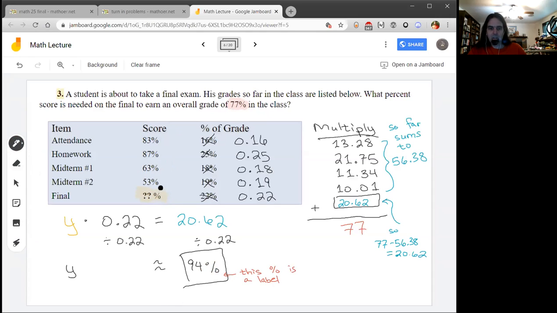In this case, it's 94%. So if you had this kind of traditional grading style where you got percents on different categories and each category had a different weight for your end of term grade, then you could do this type of math and say, oh, on the final, I need a 94 in order to get the grade I want in the class.